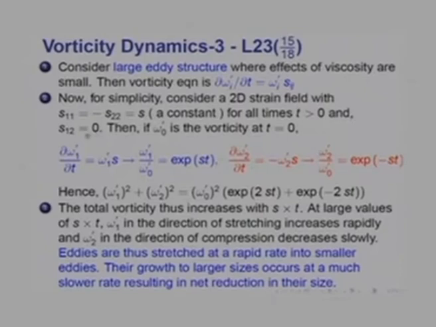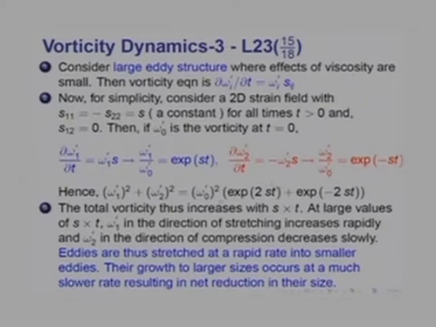Then, if omega' naught is the vorticity at time t equal to 0, from this equation we say that d omega_1' by dt would be equal to omega_1' S, because S11 is positive, which would give the solution omega_1' divided by omega' naught equal to exponential of plus St. And likewise, d omega_2' by dt will be equal to minus omega_2' S, giving omega_2' divided by omega' naught equal to exponential of minus St.